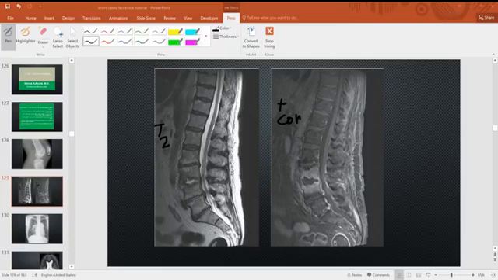The most common organism of this process, pyogenic infection, spondylodiscitis, is staph. It is the staph. Very good. It is staph, the most common organism.